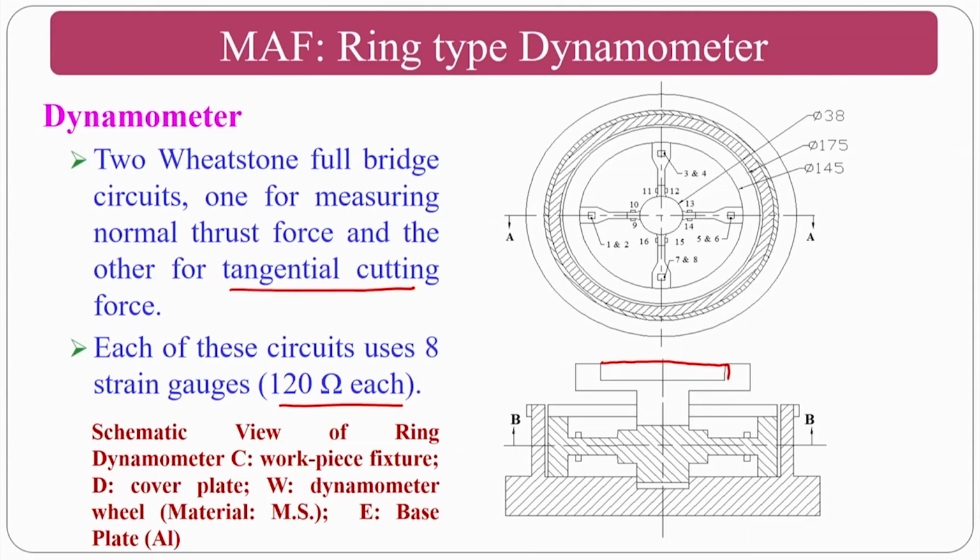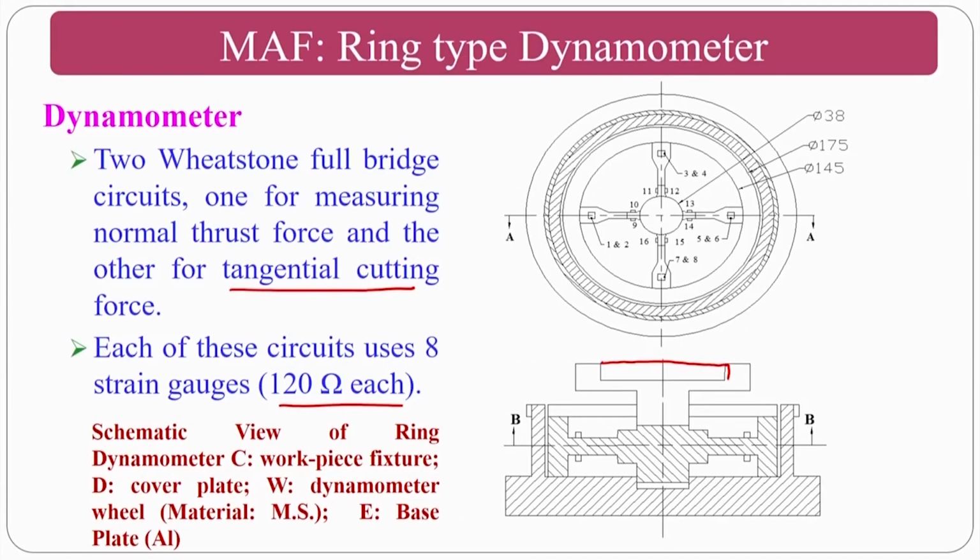There are some applications where you will use a ring type dynamometer, like the abrasive flow finishing process and others. In a ring type dynamometer you will use strain gauges, and here also you can use a strain gauge based one.